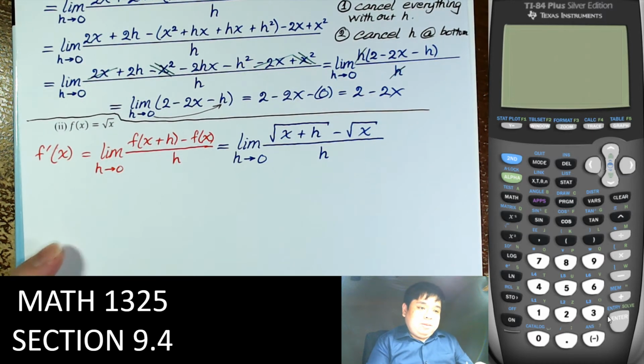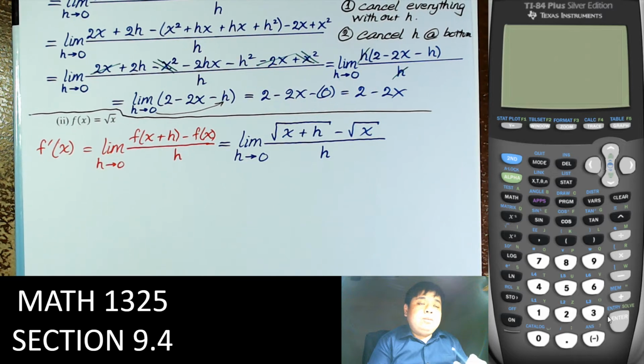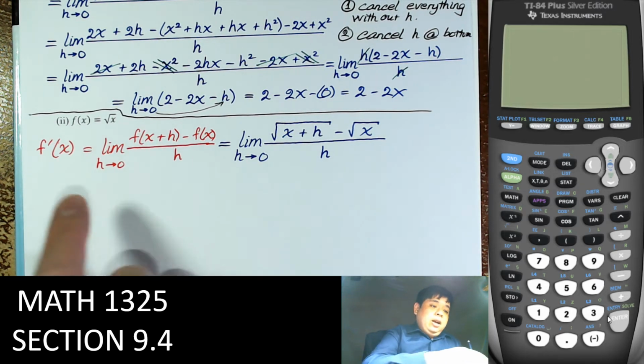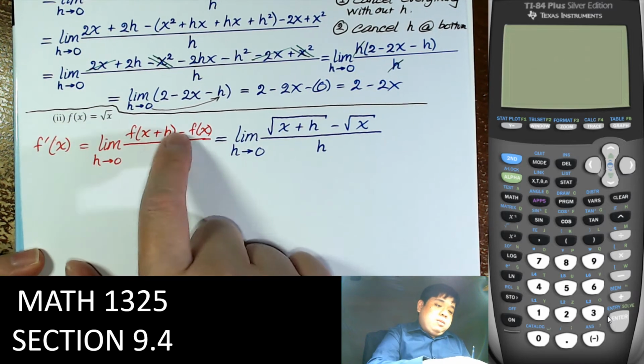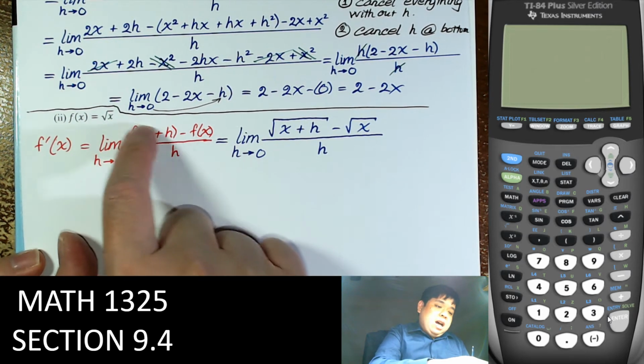Right. F of x. Now f of x plus h, just replace the x by x plus h. So we'll replace that into this x.